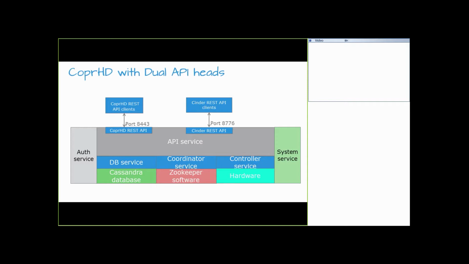No, see, the way it works is we have the ability to use Active Directory. We have the ability to use LDAP. Now we are adding the ability to use Keystone. So it's up to the customer. Today in CoprHD, I can create a tenant, and then I can have projects within that tenant.